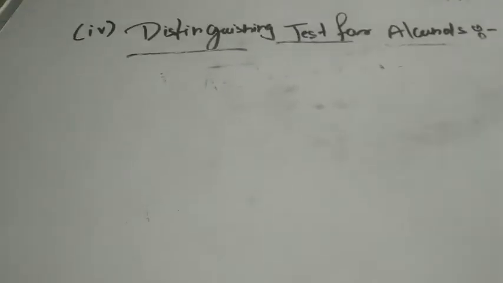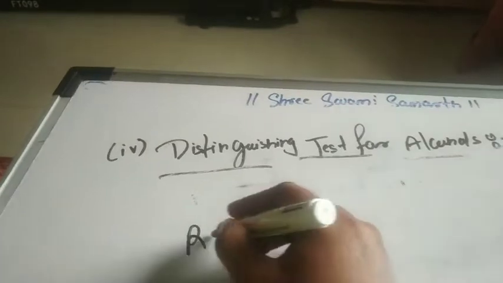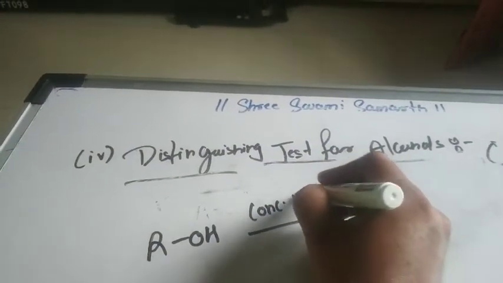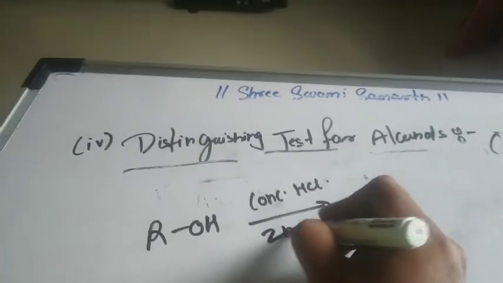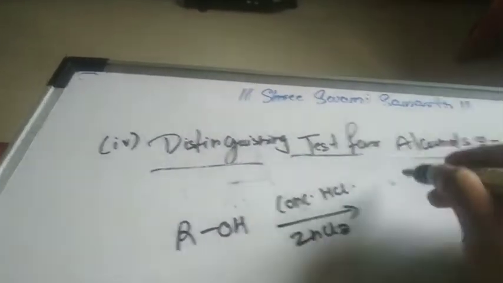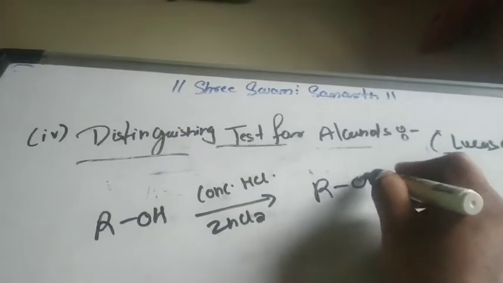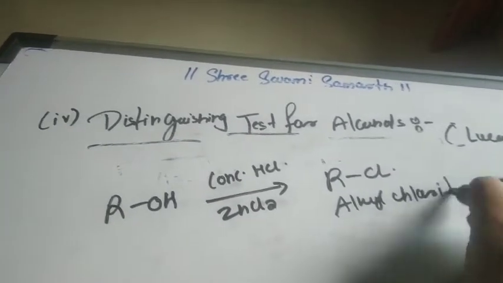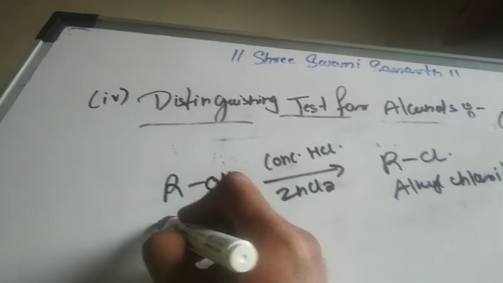So let's see how we are going to do this. Here we see the reaction of ROH in the presence of concentrated HCl and ZnCl2. We can see that the alkyl chloride RCl is formed, right?